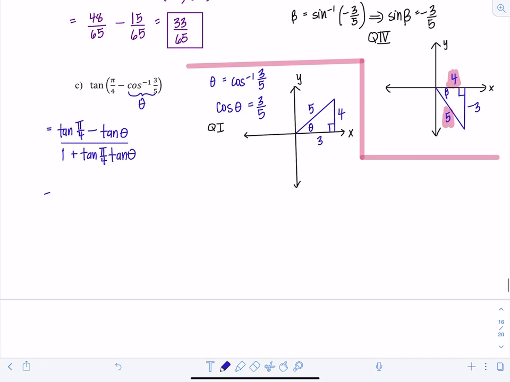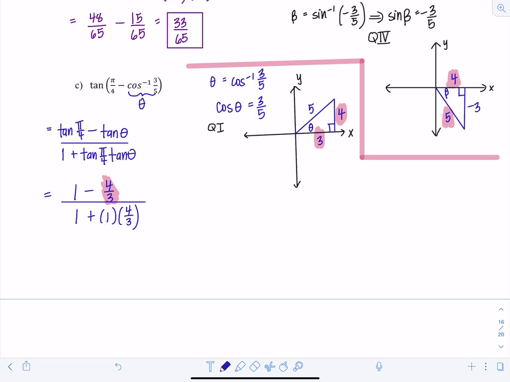Okay, so tangent pi over 4, hopefully that's your favorite value, that's 1, minus, now tangent of theta, so go to the theta triangle, that's going to be the opposite side over the adjacent side. So that's going to be 4 over 3. Over 1 plus 1 times 4 over 3.